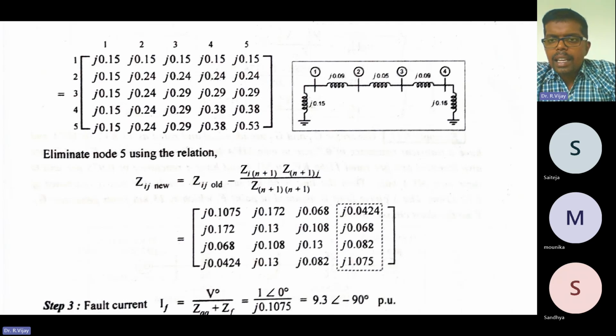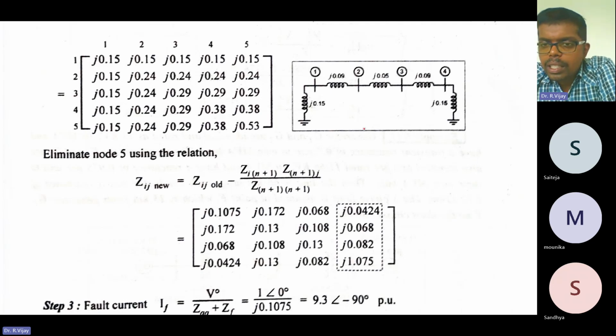That is all connected in series, and what you got is j into 0.38. So this is in parallel: j into 0.38 is in parallel with j into 0.15, because this is the fault bus. How to calculate?